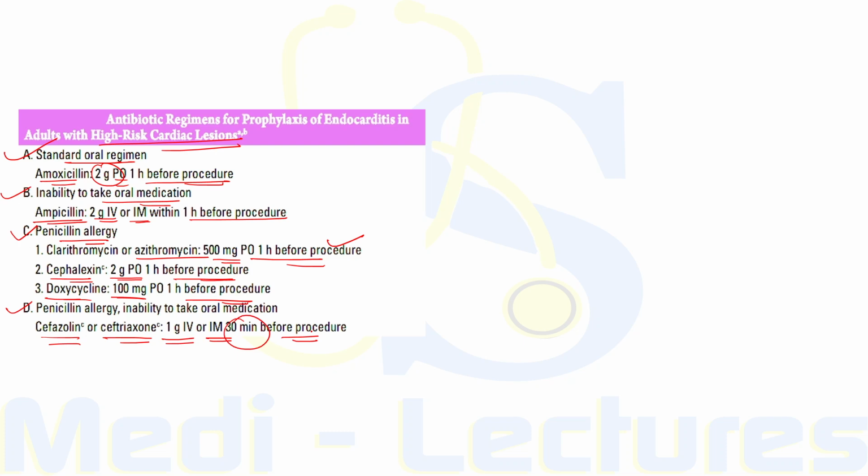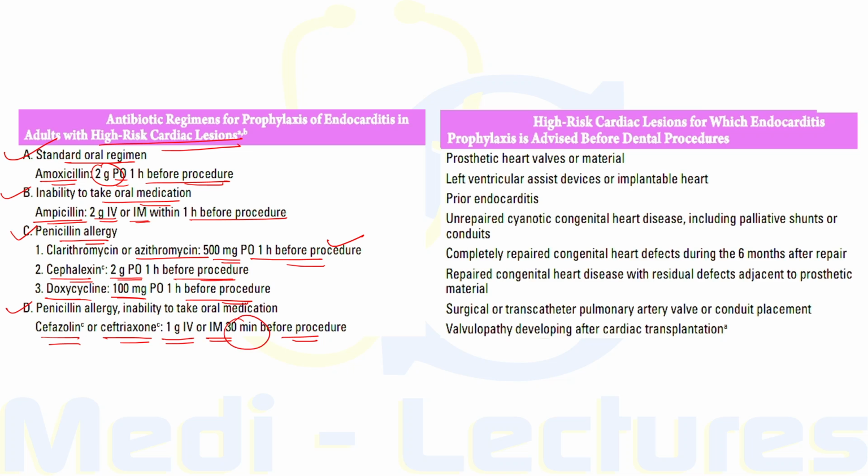Now, what are the high risk cardiac lesions for which endocarditis prophylaxis is advised before any dental procedure? These include if the patient has implanted prosthetic valves or material, if there is implanted left ventricular assist devices or implantable heart, if patient already had prior endocarditis, any unrepaired cyanotic congenital heart disease including palliative shunts or conduit, completely repaired congenital heart defects during the 6 months after repair.